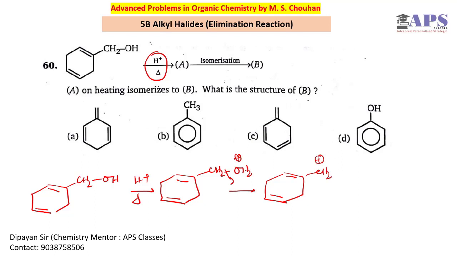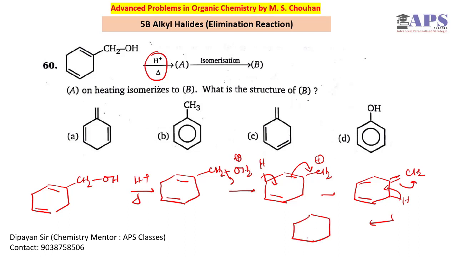Now this hydrogen can be removed, and this kind of situation we have. Again, this hydrogen can be exchanged, and finally we have an aromatic molecule, and this is the most stable situation in this case. Okay, so option B will be the correct option for question number 16.